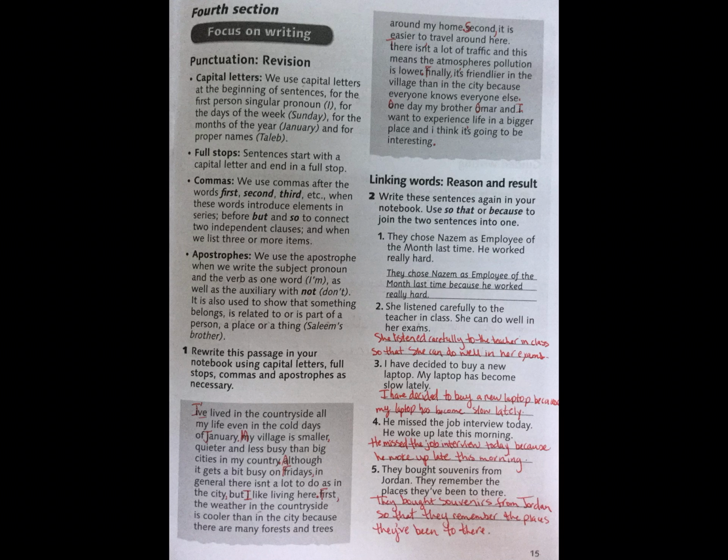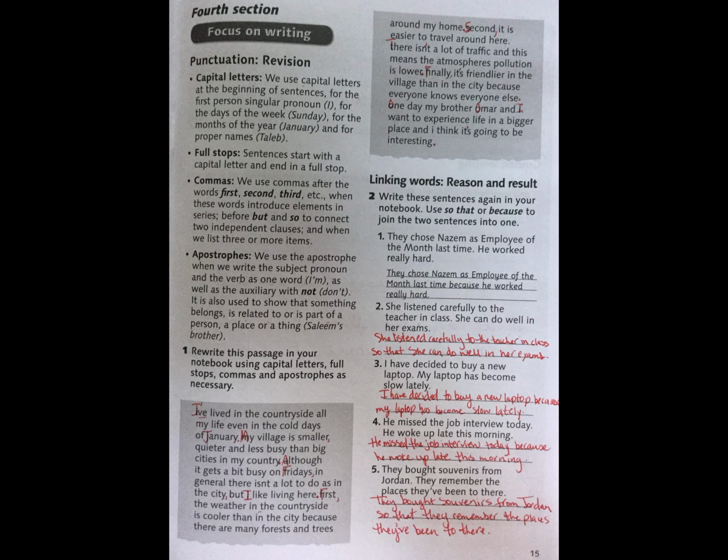So when we're naming things, we must put a comma between them. Around my home, full stop. Second is capitalized, the S is capitalized, and then we have a comma after second, because for some introductory phrases that start with although, after, when, before, or first, second, finally, we add a comma.